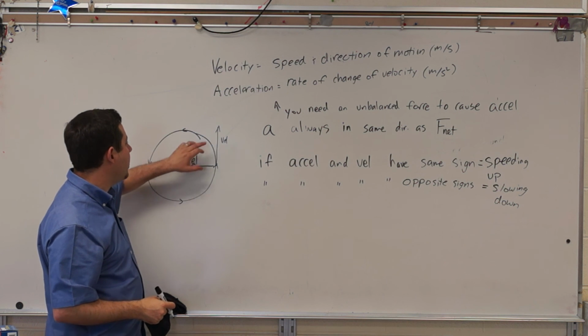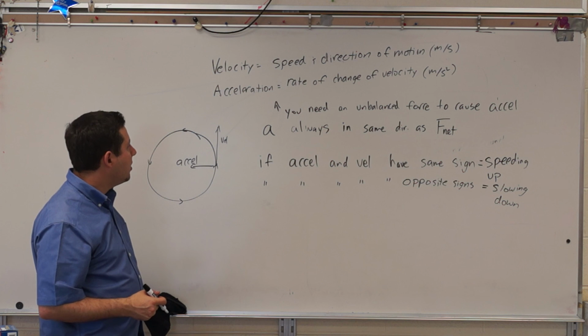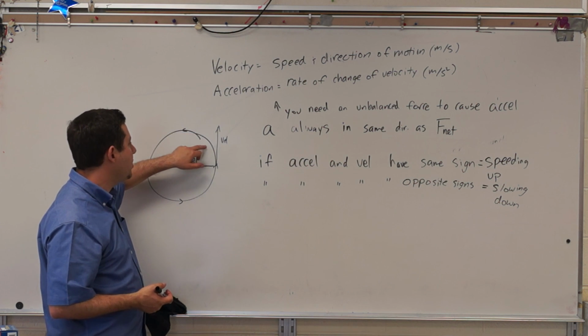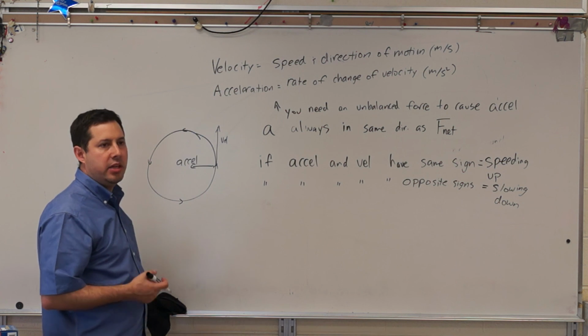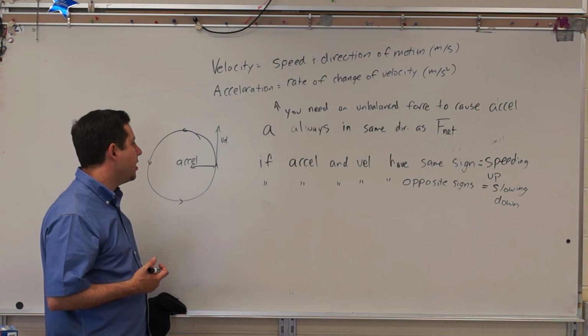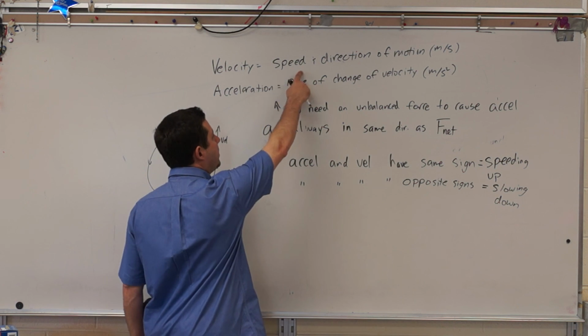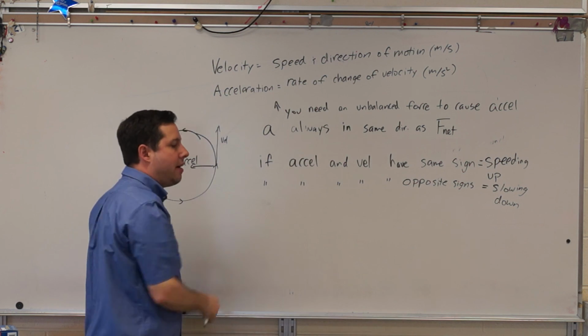And it's this acceleration that causes the velocity to change. So when I said acceleration is the rate of change of velocity, you can have occasions where you're moving at a constant speed, like in a circle, but you're still accelerating because the direction of motion is changing. Even if the speed is constant, if the direction of motion is changing, that means you have an acceleration.